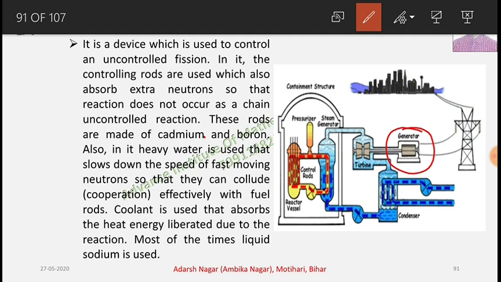Here you can see the generator. This is your turbine. Here is the steam generator, meaning here is water or maybe sodium in liquid form, and this is the pressurizer.